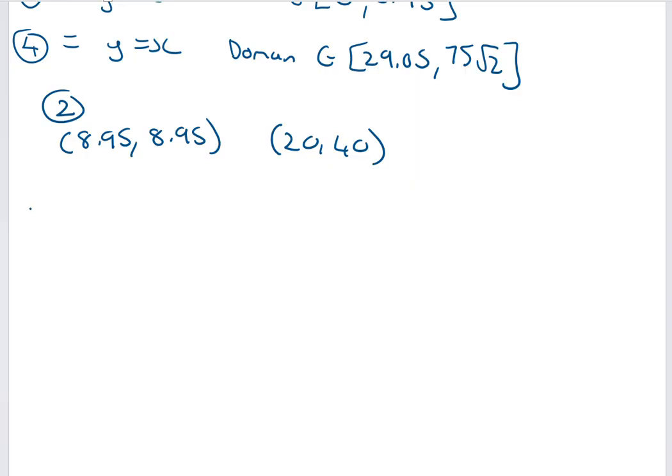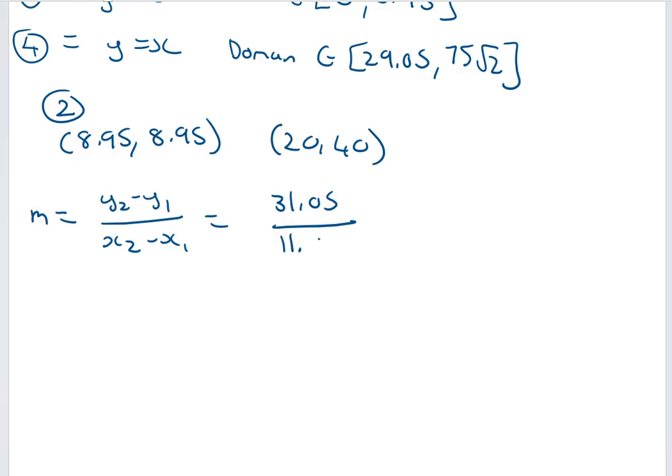I'll first find my gradient, which is y2 minus y1 over x2 minus x1. So that means I've got 40 take away 8.95, and that gives me 31.05. And then I've got 20 take away 8.95, and that gives me 11.05.